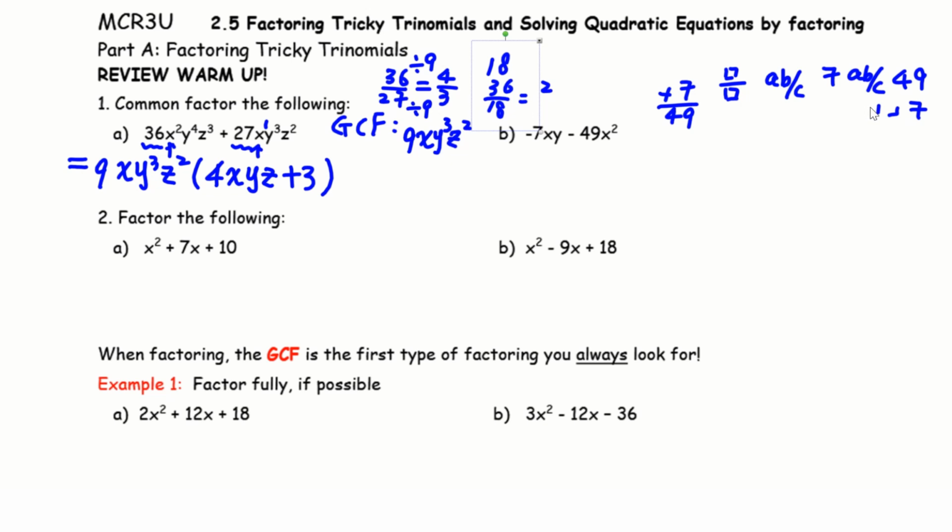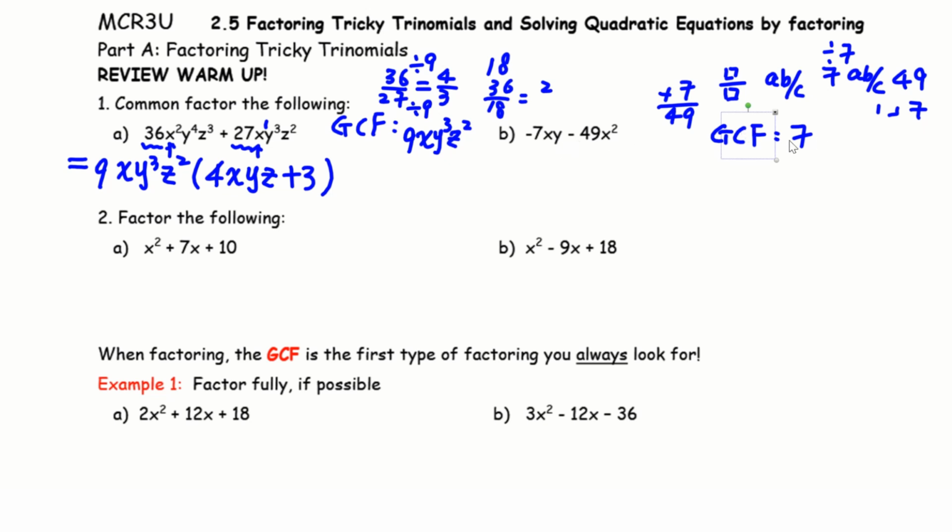Then 7 divided by 1 is 7, so you know the greatest common factor is 7. You do the 49 divided by 7 and 7 divided by 7. So both divided by 7 give you the lowest form, 1 over 7. So the greatest common factor is 7.